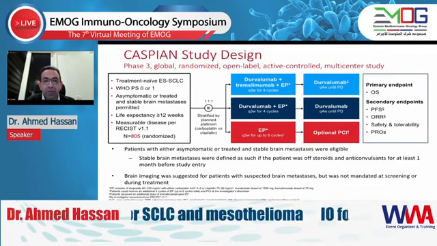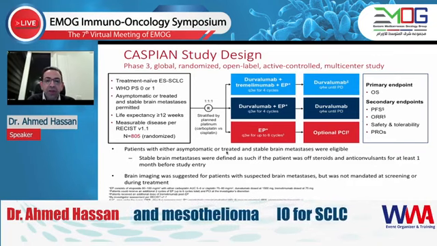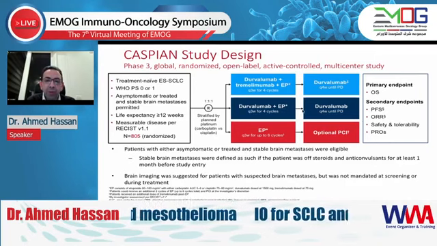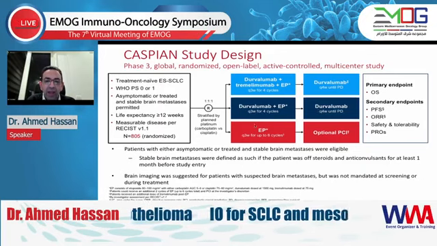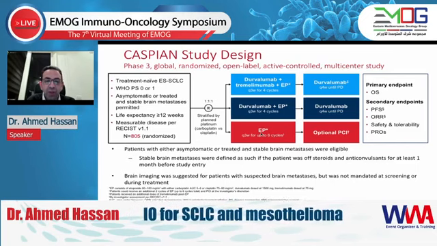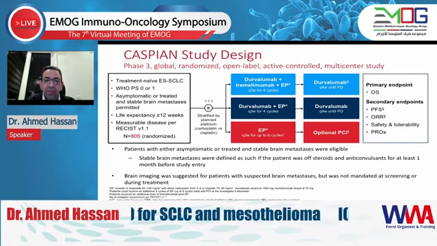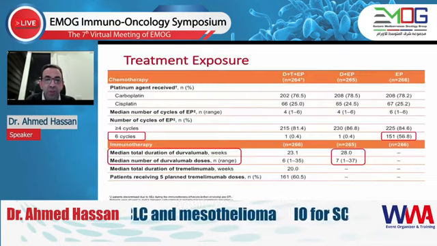Primary endpoint was overall survival. The study looked at 800 patients, but if we are going to compare this study to the other 2 studies, we will be really looking at these 2 arms, the durvalumab chemo versus chemo alone. And for these 2 arms, the study size was 500. So it's almost equivalent to the other 2 studies.